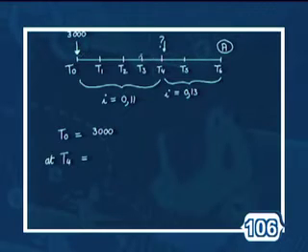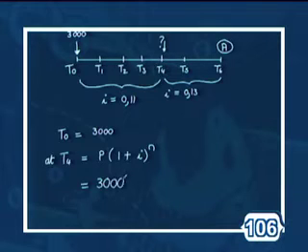Now remember that this is a compound interest, so really all we need to do is use our formula, and our formula is P(1 + i)^n, which is going to be 3,000 (1 + 0,11)^4, with 11% to the power of 4.